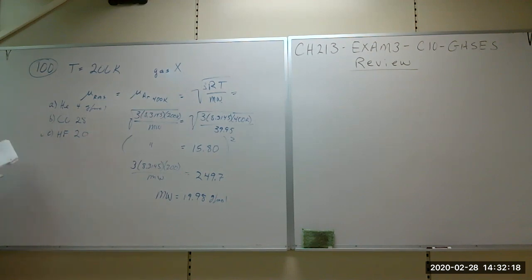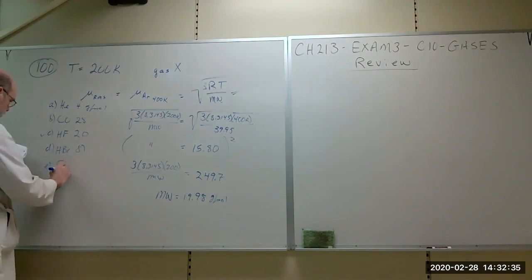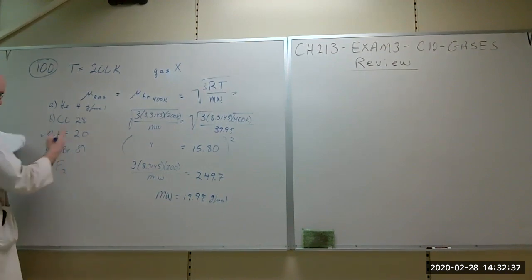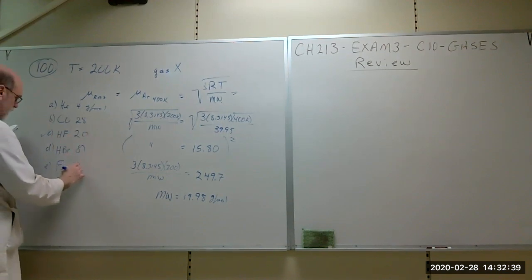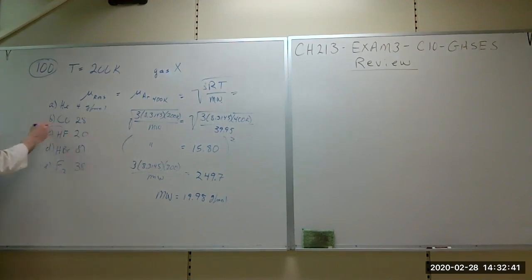That's pretty close. See if any others match. HBr. Bromine is about 80, so that's 81. And fluorine, F2, is 19 times 2, which is 38. So it has to be this one. Hydrogen fluoride is the gas.